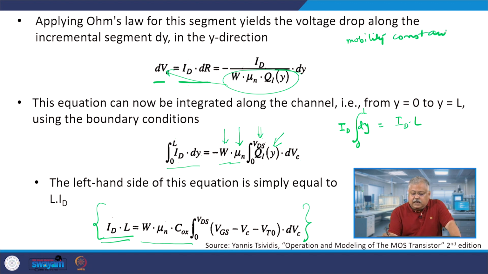In reality, when you are using very small channel devices or short channel devices, this is not true. So you get W into mu n into Cox integral from 0 to VDS of VGS minus VC minus VT0 dVc, where VT0 is the threshold voltage. Again, threshold voltage is considered to be constant. These two quantities are considered to be constant.